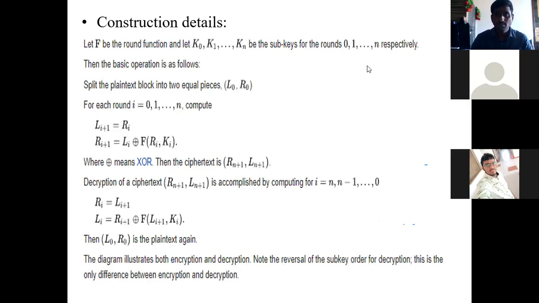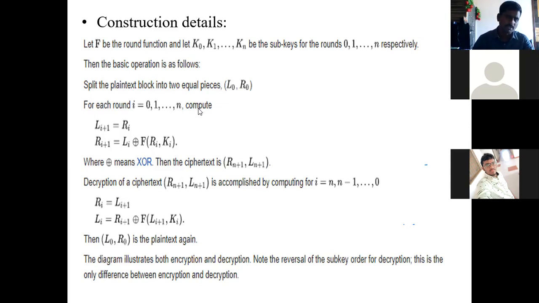In each round we use one key. Round 0 we use K0, round 1 K1, round 2 K2, like that up to n rounds, n keys we will be using. So each round is unique. We are not using the same key in any two rounds. In every round the key is unique, but the same round function we will use. Okay, so let us take the encryption process.